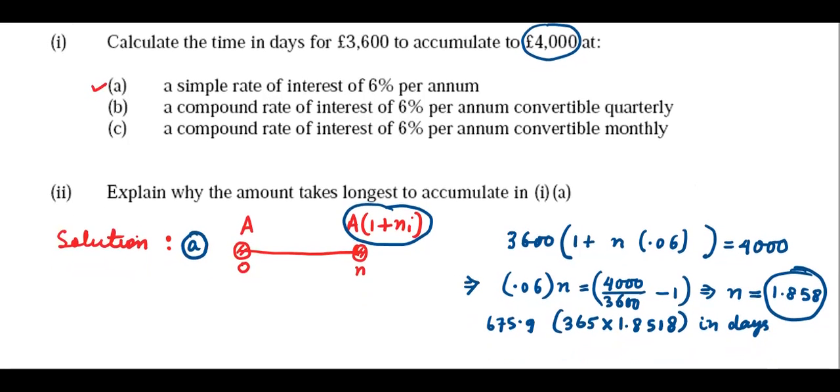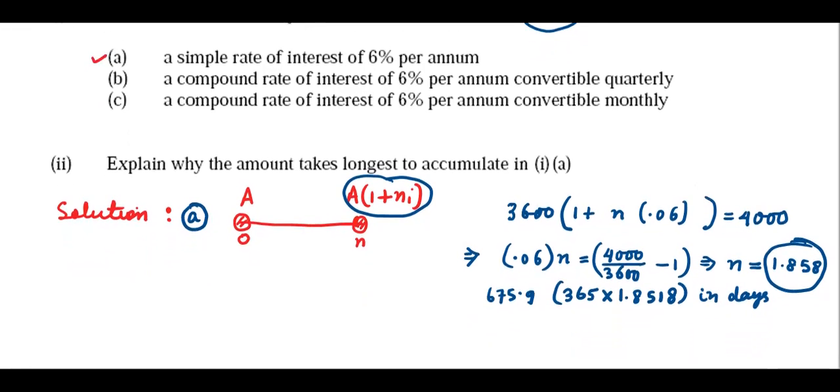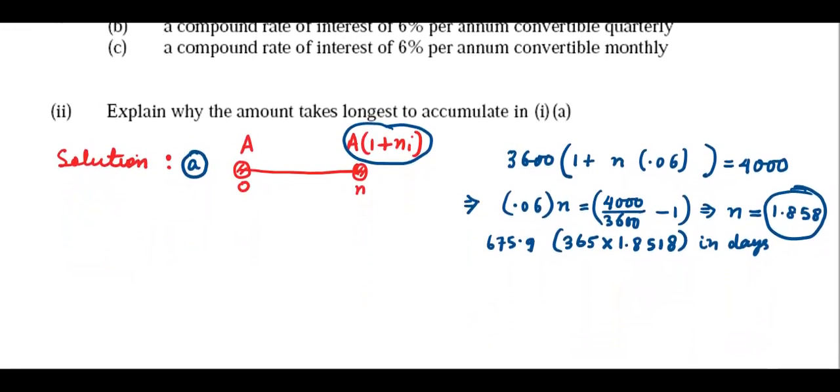Part B says compound rate of interest of 6% per annum convertible quarterly. So in part 2, you have to write the formula using convertible quarterly.